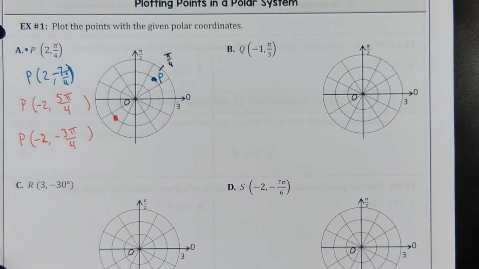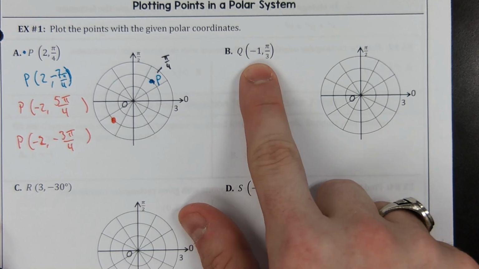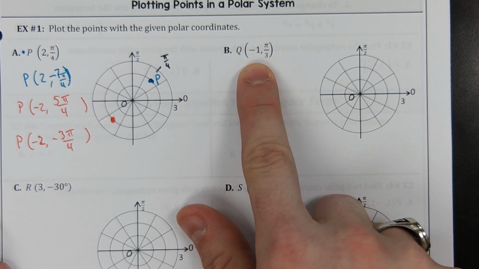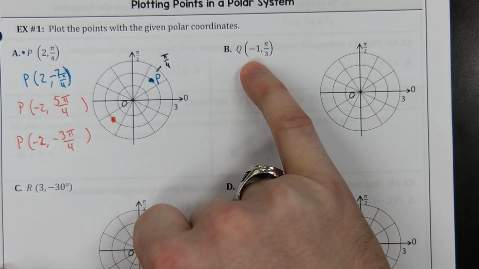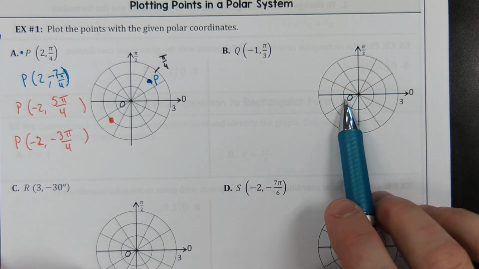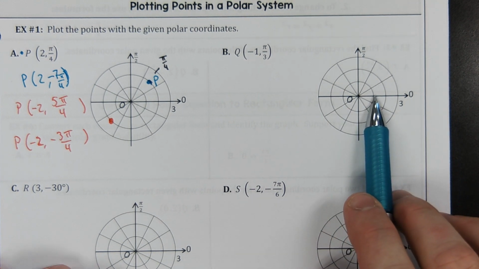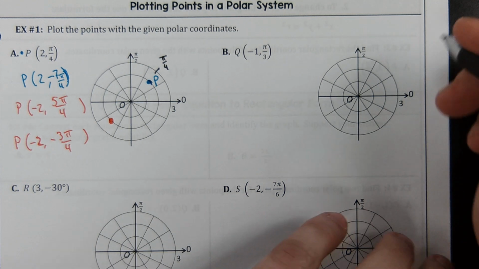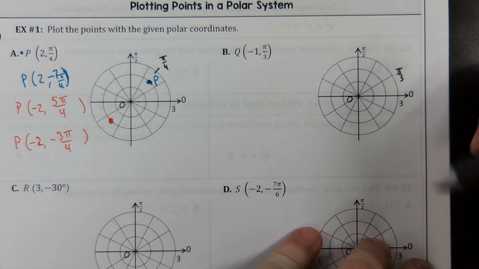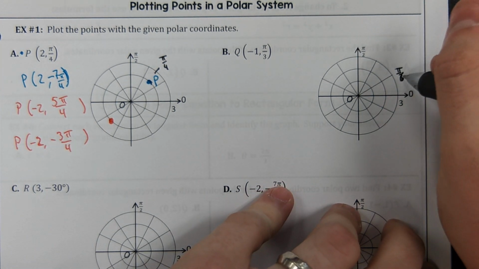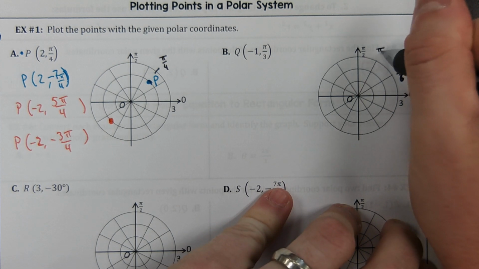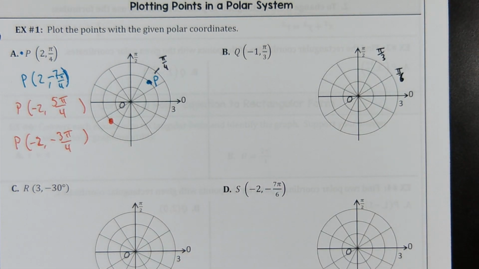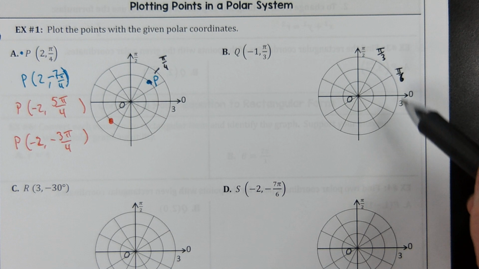All right. Let's do this one, which already has a negative radius. So I'm going to go out 1 ring. Then I'm going to go to pi over 3, which by the way is here. No, it's not. That's pi over 6. My apologies. That's pi over 3. But anyway, it's pi over 3.